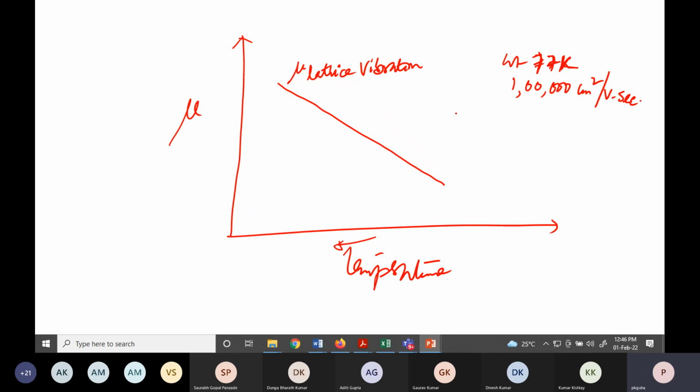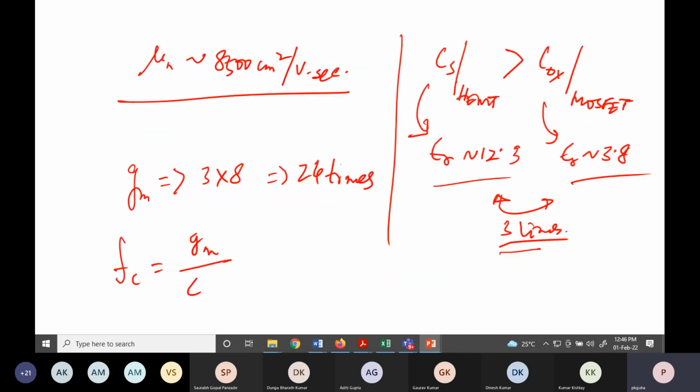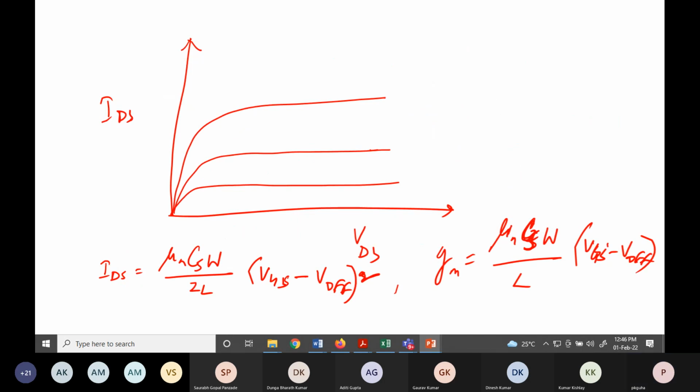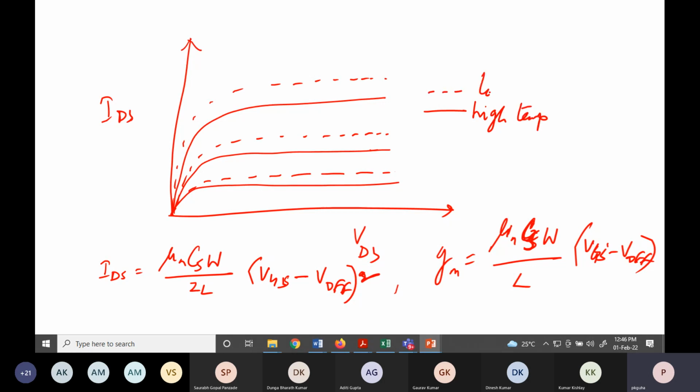What that will do is increase the current, because current has this mobility factor, so increasing mobility will give you larger current. So this is for high temperature or room temperature maybe, and this dotted line is for low temperature. If you reduce the temperature, your current is going to increase because your mobility increases.